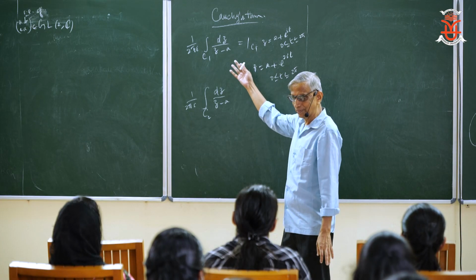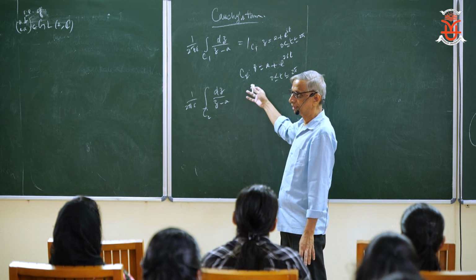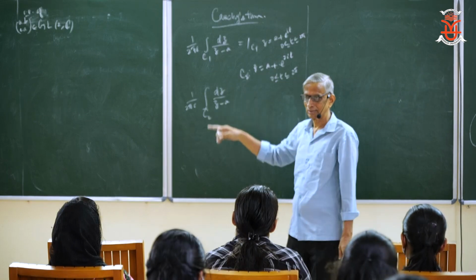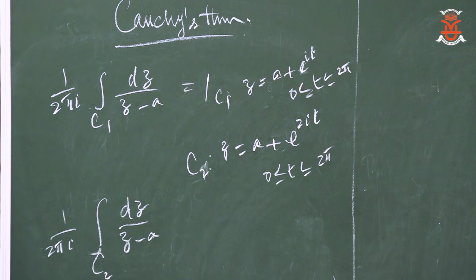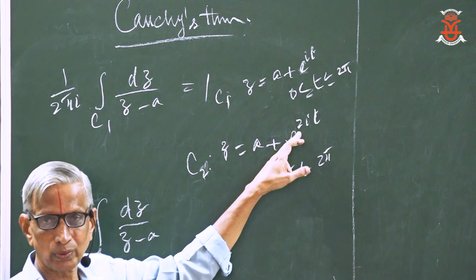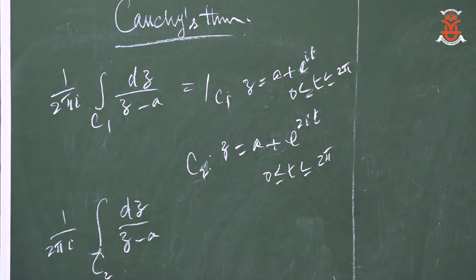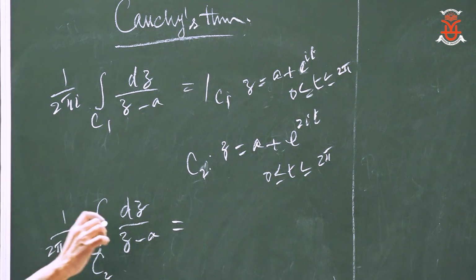And do the same thing as we did earlier, but what will we get now? You have an extra factor of 2, right? So when you substitute z minus a is e power 2it, dz is 2i e power 2it dt, and so on and so forth. So you see that this is equal to what?